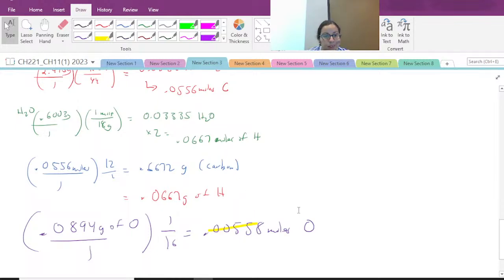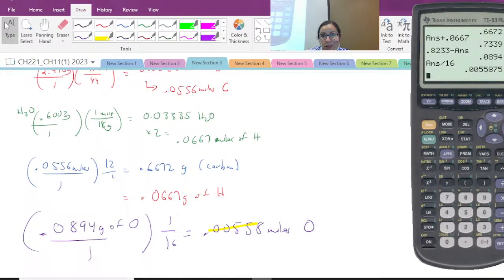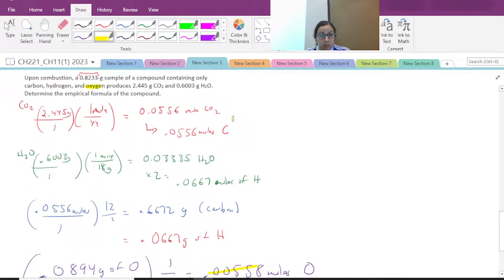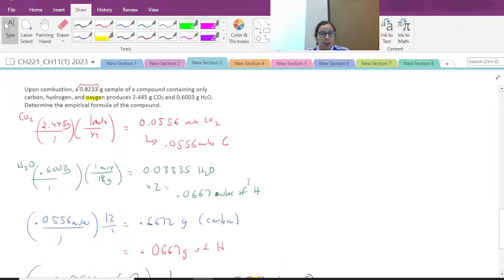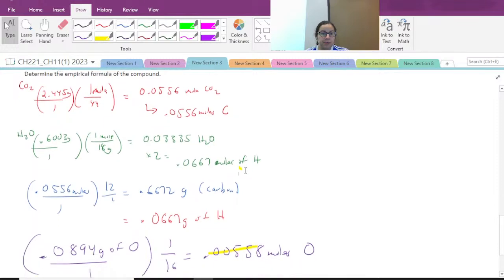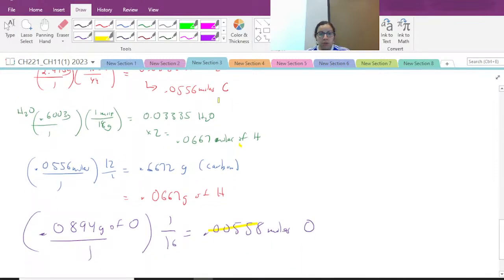Will you go back and say one more time how you got the grams of oxygen? So we can start back here. We have this many moles of carbon, this many moles of hydrogen. Then we said, let's figure out mass-wise what this is equivalent to. So we took our moles of carbon, multiplied it by 12 to get mass of carbon in our original sample. And then I was kind of quick with the hydrogen because I just rounded to 1.